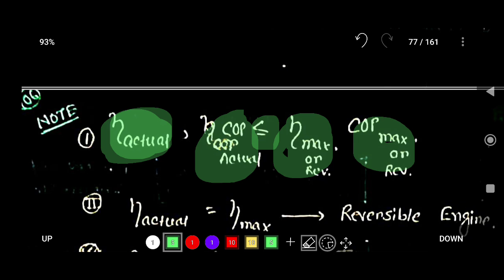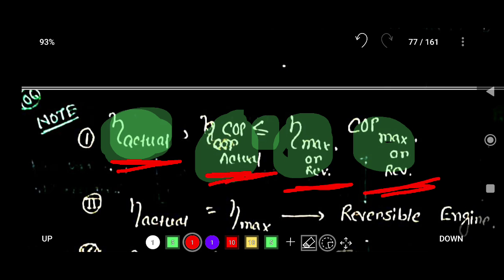So basically actual efficiency is always less than maximum efficiency, and actual COP is always less than the maximum COP, or reversible COP.